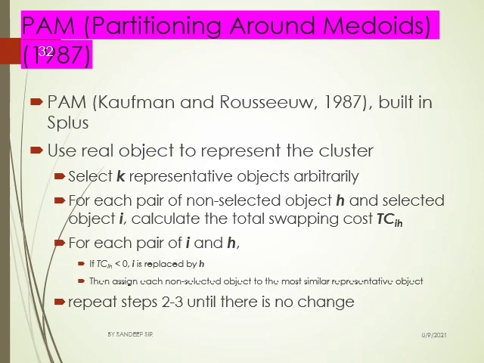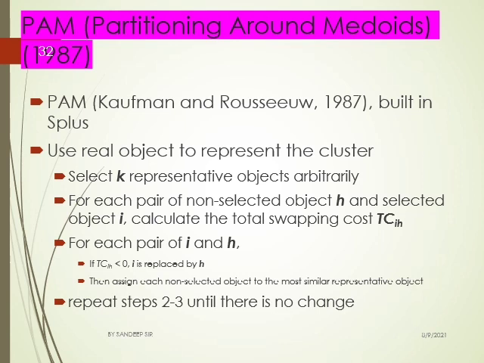This method, as I was mentioning, was developed by Kaufman and Rousseeuw, and it was built into the S-Plus software. It used real objects to represent the clusters. We select K representative objects arbitrarily, and then for each pair of non-selected object h and selected object, we calculate the total swapping cost. Swapping cost is very important. If the swapping cost is increasing, that means you have to stop swapping.